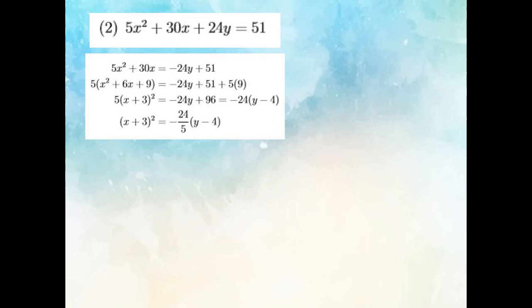And it is eventually equal to negative 24 times y plus 4. So you divide both sides by 5. So the result is x plus 3 squared is equal to negative 24 over 5 times the quantity y minus 4.